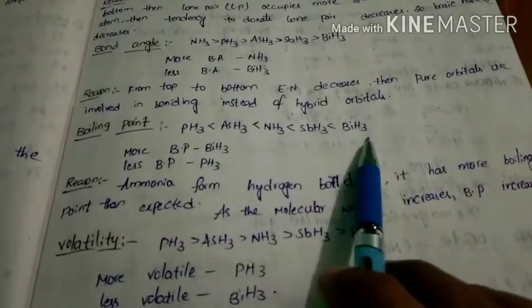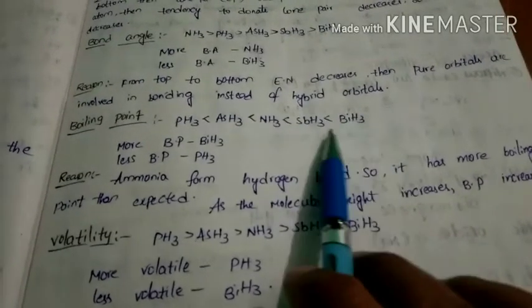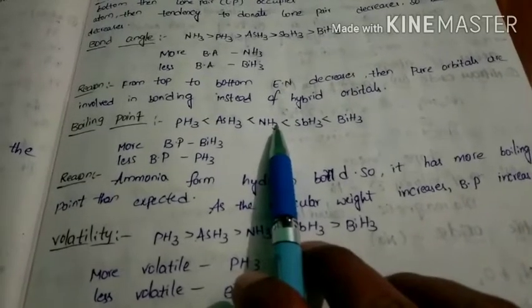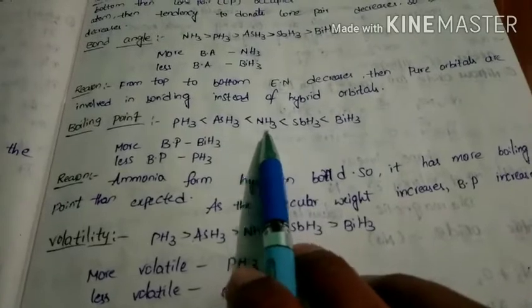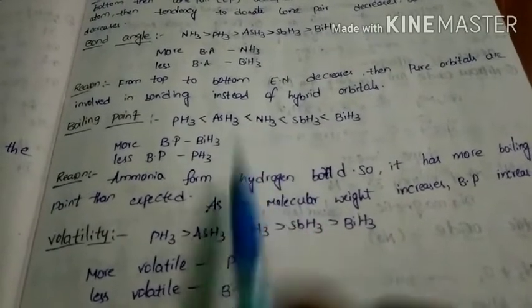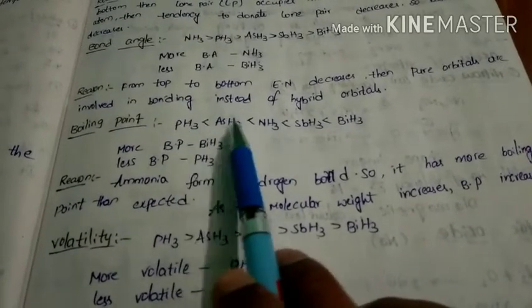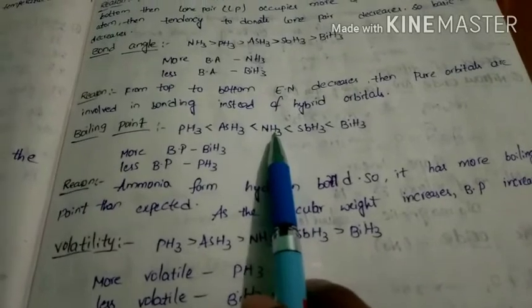See, among all these compounds, BiH3 has more molecular weight compared to all compounds, and NH3 has less molecular weight compared to all compounds, so it should have a lower boiling point. But it has a higher boiling point compared to PH3 and AsH3 because NH3 contains hydrogen bonds.